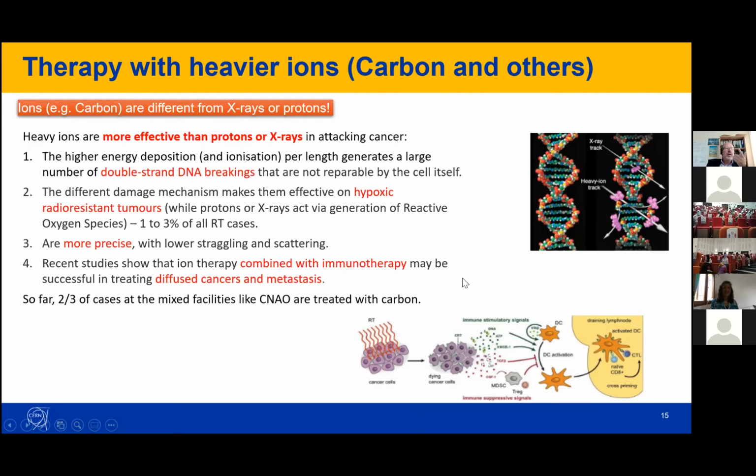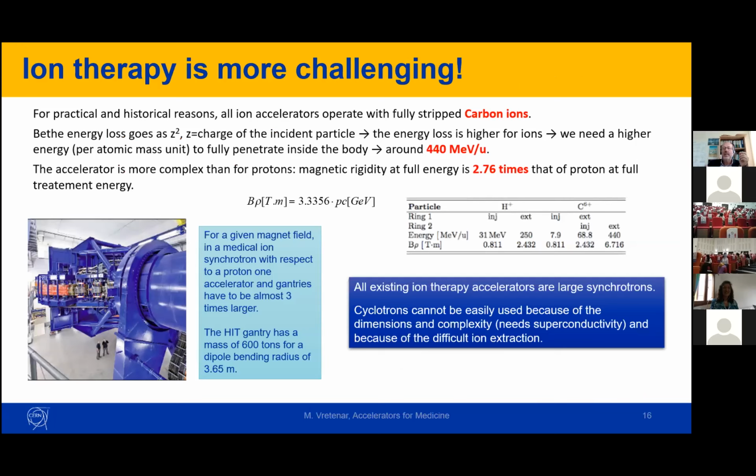They can be combined with immunotherapy, and there is interesting work in progress on the benefits of ions combined with immunotherapy, but they are less used. Why? And now I come to the question, why is the gantry for ions so big? You see here an image of the gantry for ions of Heidelberg, simply because the benefit of ions comes from the fact that they lose more energy inside the body.